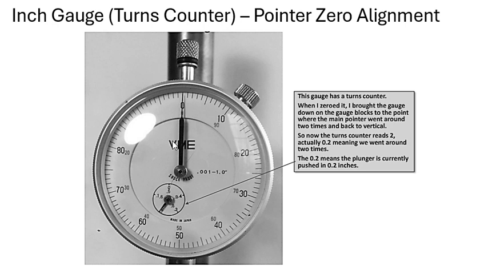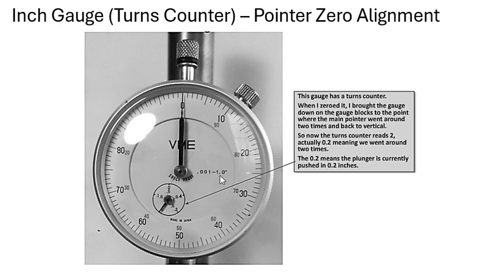Because a complete round is 0.1 inch. So if it went 2 complete turns, you will have 0.2 inches. That's what it is talking about.